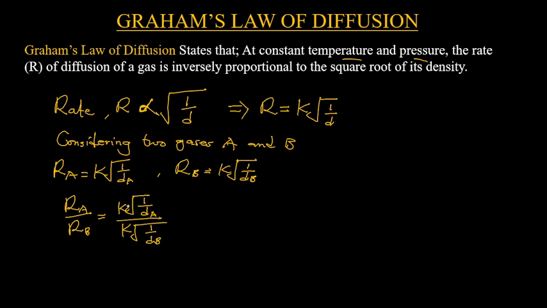Now, when we cancel the constant out, and these are inverse and we are dividing, at the end of the day, what we are going to have is, let me take a different color for this.